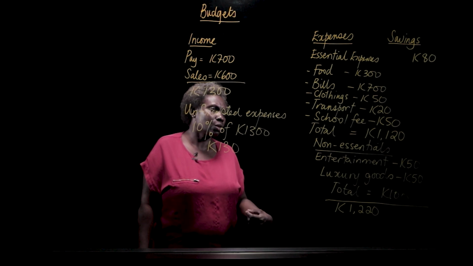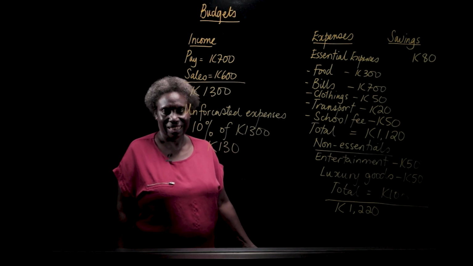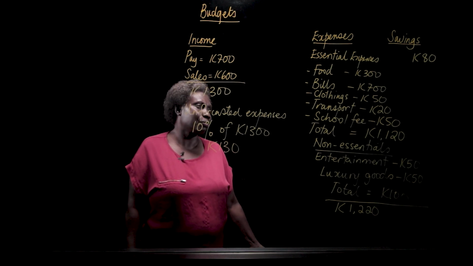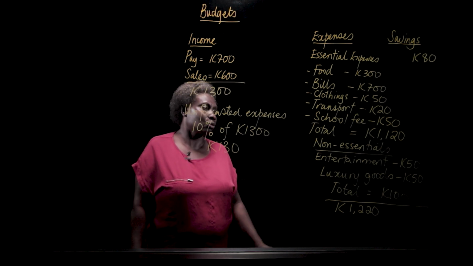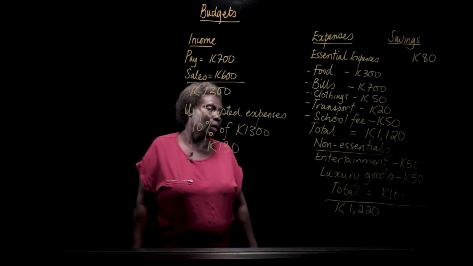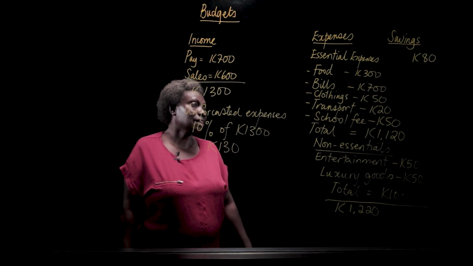He will have clothes there, but he doesn't need new clothes every fortnight, so he can cut down on the amount for clothes. He has decided to cut down by 30 kina.